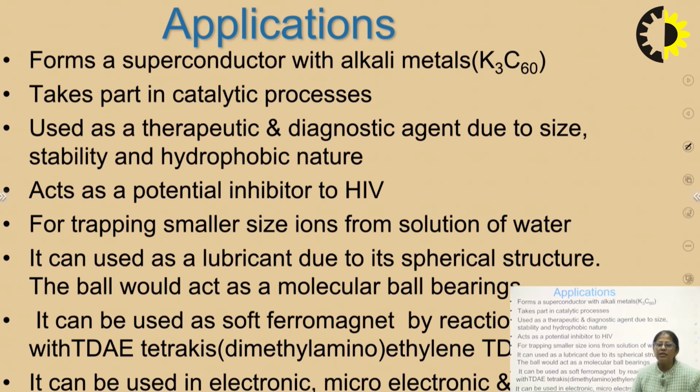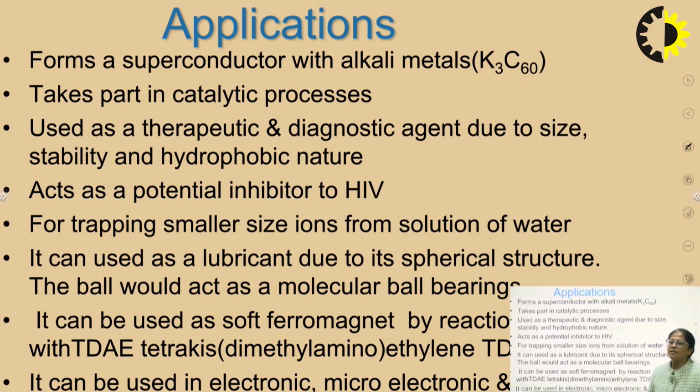Since fullerene is made up of carbon, it is a carbon compound C60, so obviously it is hydrophobic in nature. It is a non-polar compound. Then it acts as a potential inhibitor of the HIV virus. Research is going on in this area, and it is used for trapping small size ions from solutions of water.